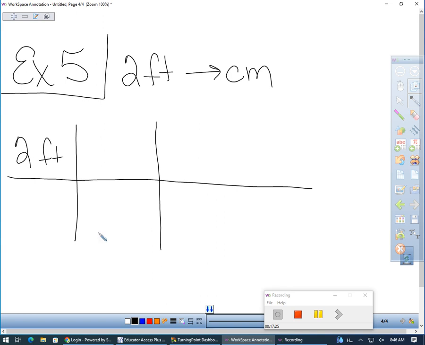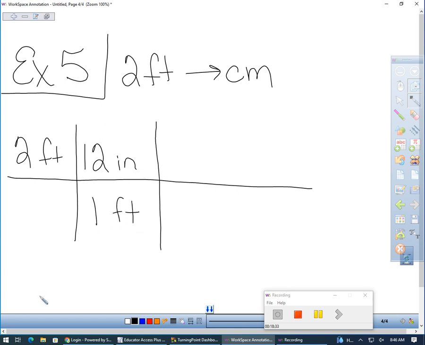Okay, great. So before we can use that conversion, and I totally agree with you, Kaden, what do we need to do to our 2 feet up here? Change it into what? Inches, thank you.